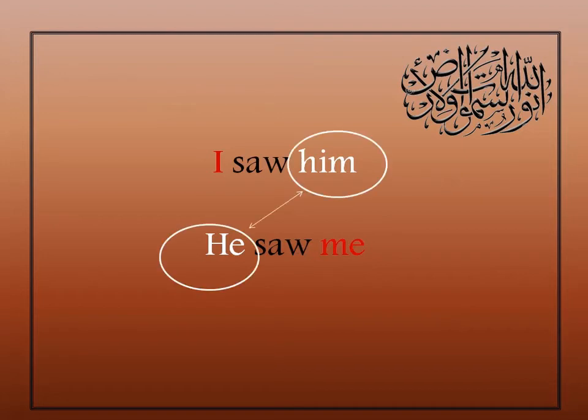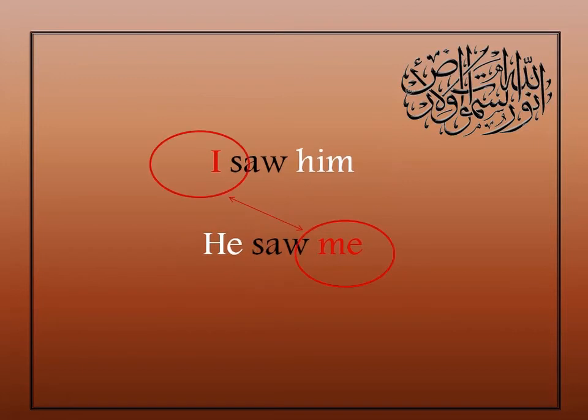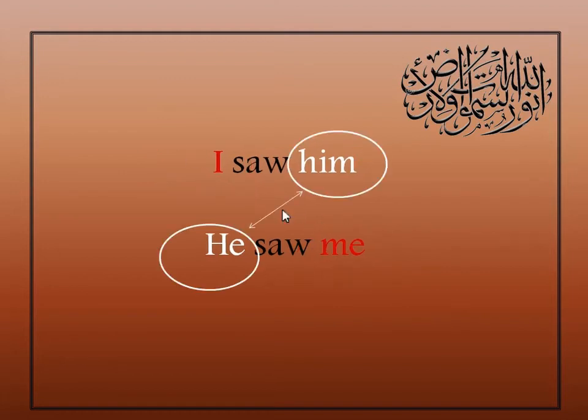As you can clearly see, he and him are two different words. If you're learning English, those are two different flashcards you have to make. I and me are two different words. But you know that these both refer to the same person, just like you know these refer to the same person. In fact, when I say to you, I saw him, he saw me, you only think of two people.